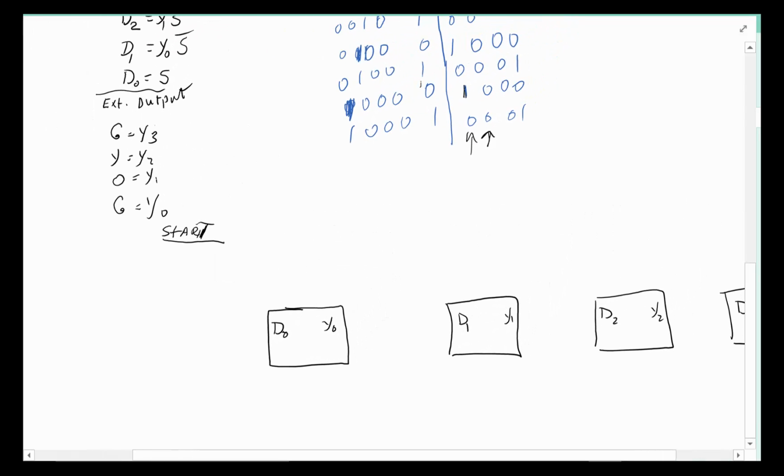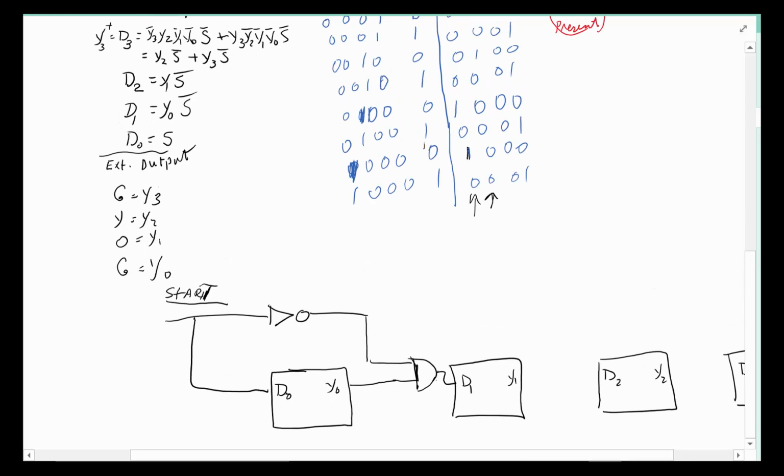And as you can see, if this is the start input, the D gets the start, and then this gets inverted and comes down, and with this ANDed, gives us the D1. And then it gets ANDed with Y1 to give us D2.